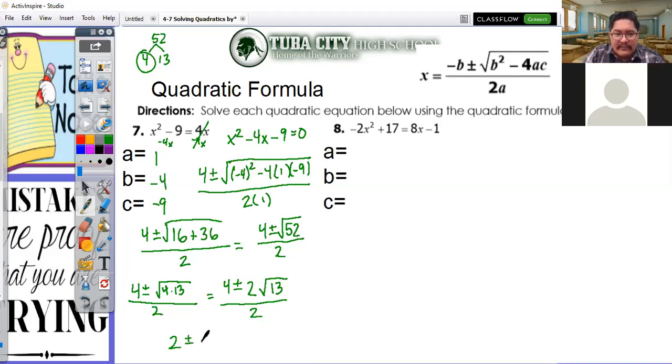So it's kind of like distributive property, but with division. 2 divided by 2 is 1. 1 times 13 is 1 times root 13, which again, because of identity property, we're not going to have to do that. Now, my bottom number is 1, which dividing something by 1 does not change it, so I'm going to go ahead and leave it out. We did manage to divide both of those by 2.